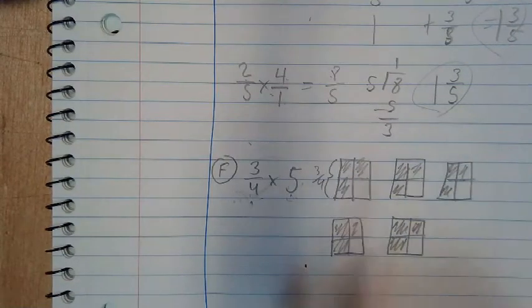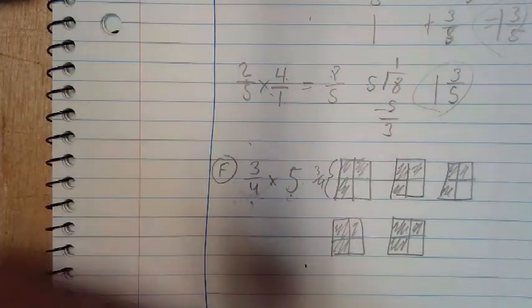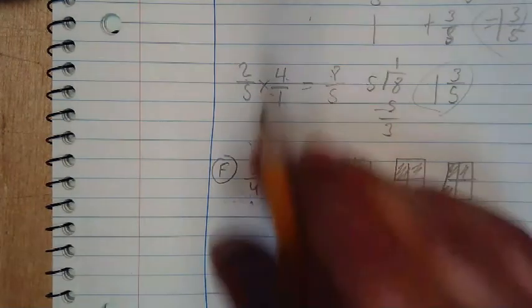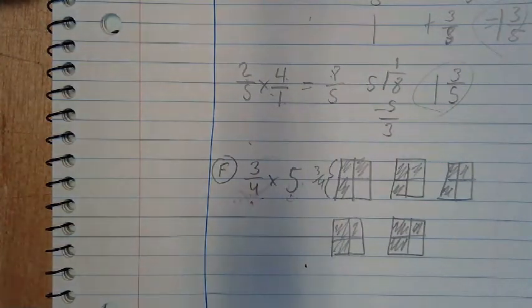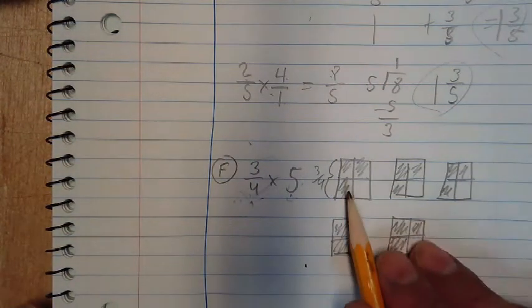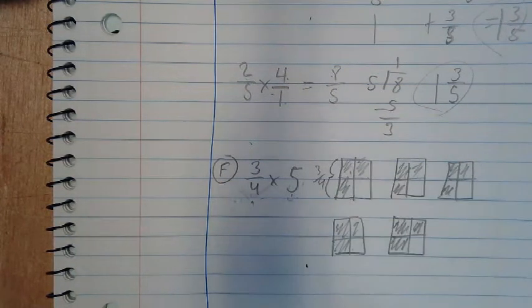These are not equal. This would not be a good fraction model, but I just want you to understand the idea behind it, okay? I can take out a ruler and make all the lines straight and perfect, but that'll just take too much time. But you understand the idea. 3 parts out of 4, 3 parts out of 4, 3/4, 3/4, 3/4, 5 times, all right?